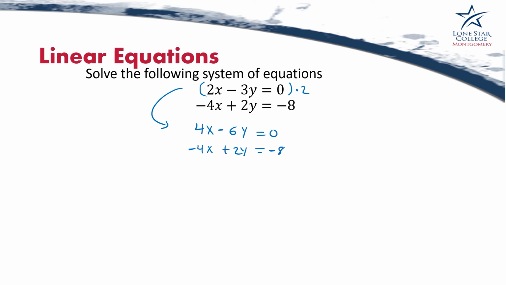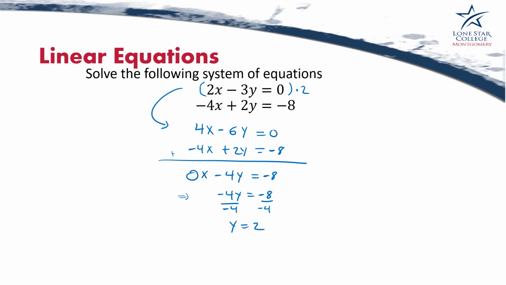Okay, now we add up the two equations. This becomes 0x, which is basically 0. Negative 6y plus 2y is negative 4y, and negative 8. So we have negative 4y equals negative 8. Divide both sides by negative 4. So y gets us 2.